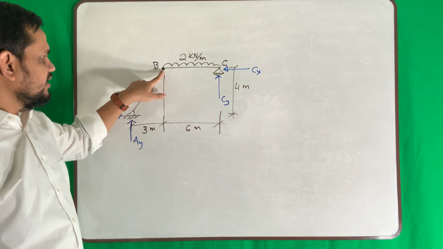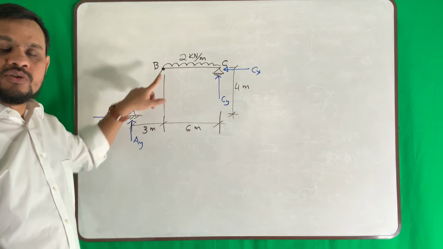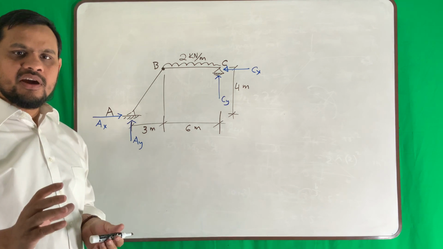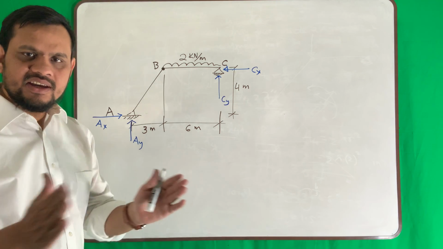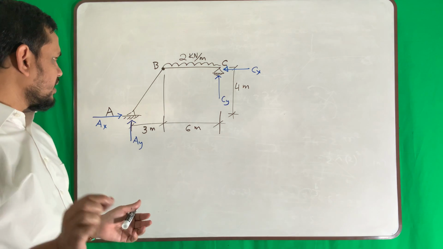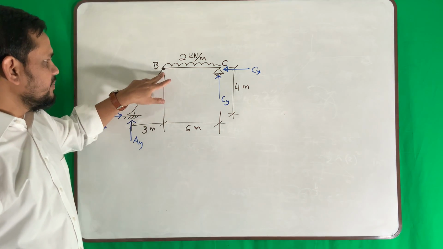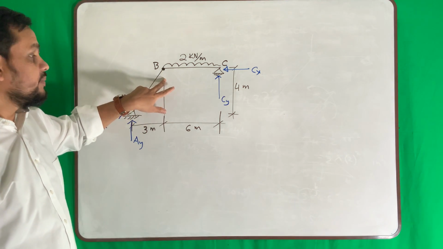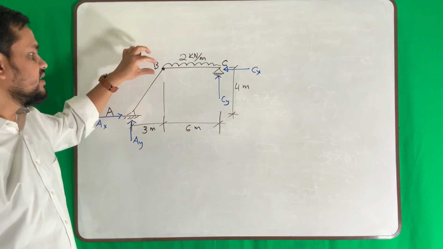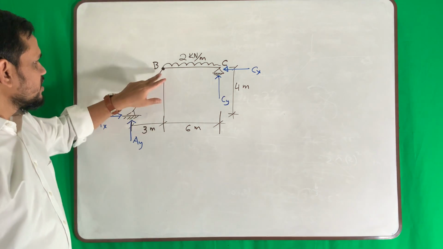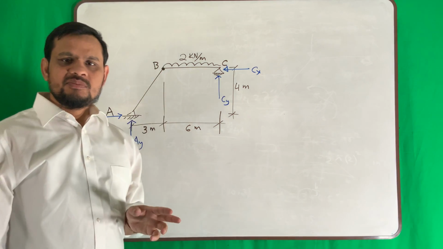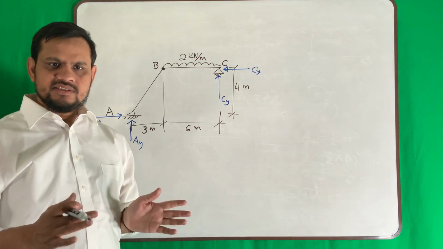If you detach here, what is this? It's a pin. So whenever you are drawing a free body diagram, whenever you are detaching, be attentive there. If it is a pin or fixed, that means rigid, you have to be careful. So in statics class, typically all the frames will be very easy.